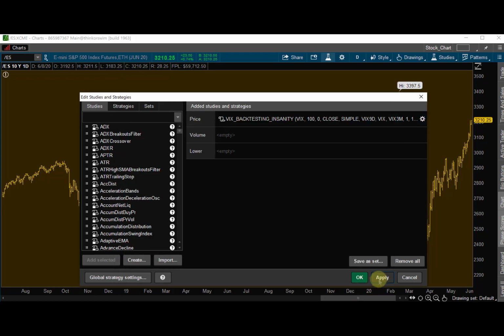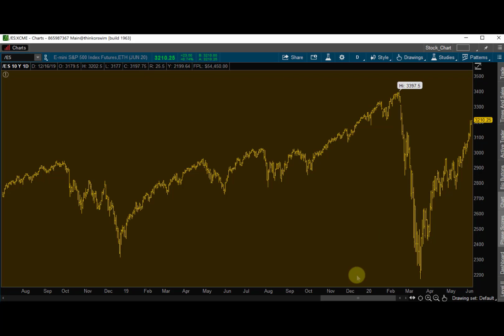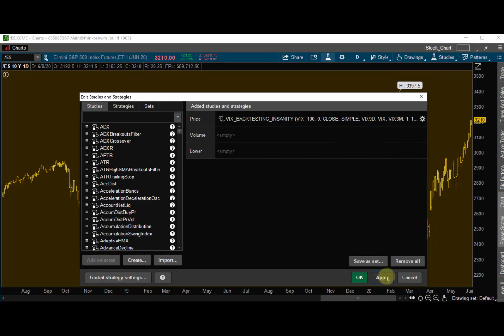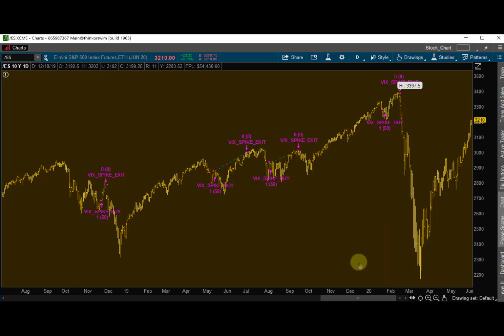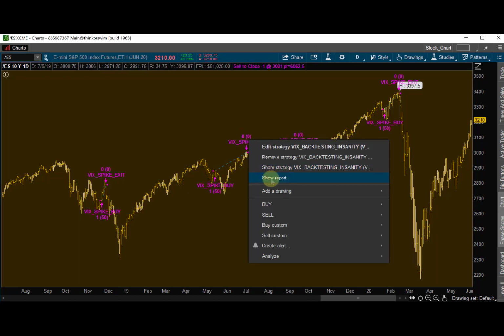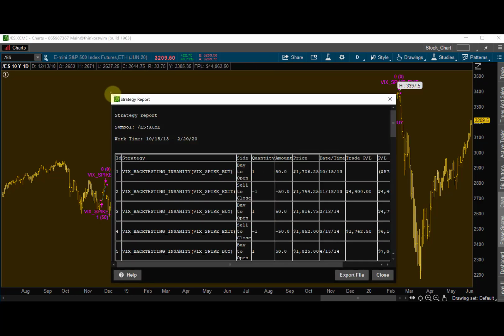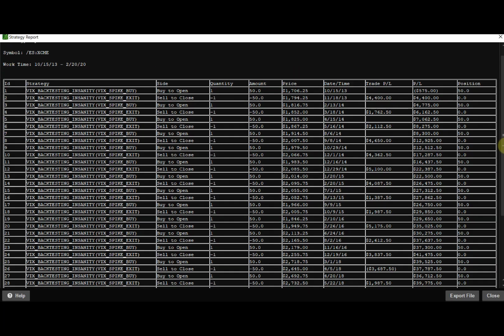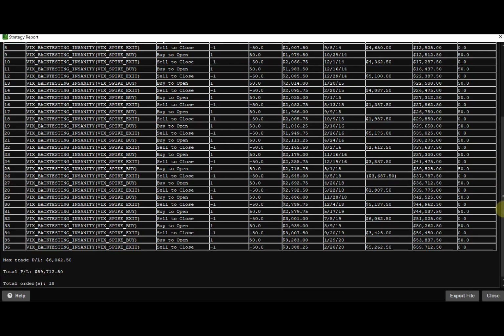Okay. Apply. Okay. Make sure we show the study. Always very important. Show the study. There you have it. It happens quick. Right-click, show report. Going back to 2013, this is the most amount of data that they would give me. If I scroll down, total orders, 18 trades.